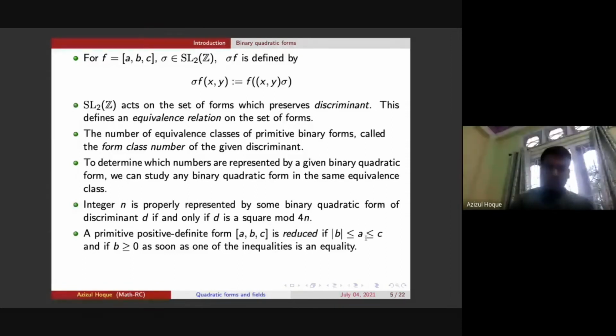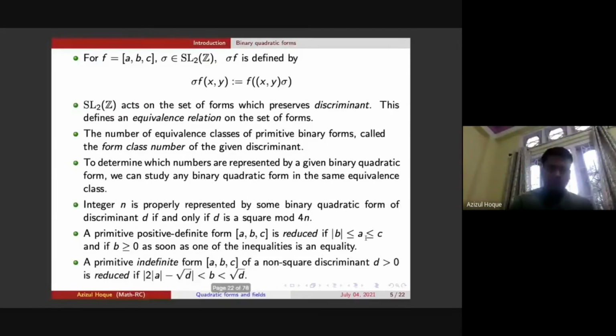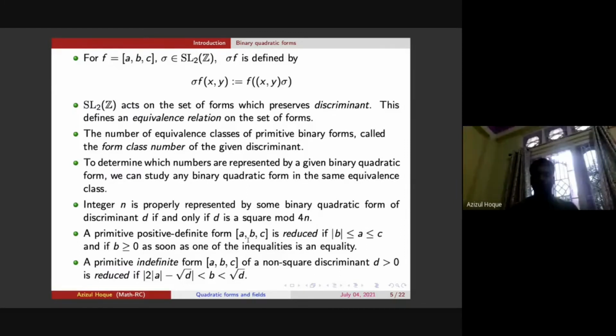On the other hand, for indefinite forms, it is reduced if this happens: the absolute value of 2 times absolute value of A minus root D is less than B, which is less than root D. So if a form satisfies these conditions, then we say that it is reduced.